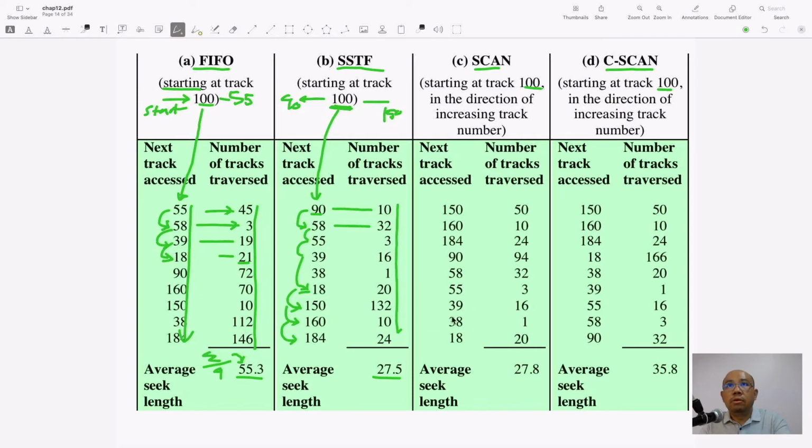Now, before we go to the detail of the scan and C-scan, I will talk about the type of the hard disk in the CCTV. When you buy a hard disk for CCTV, the first very important condition is that it is durable.